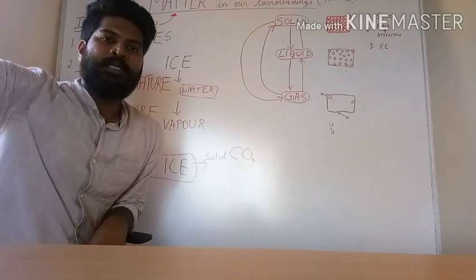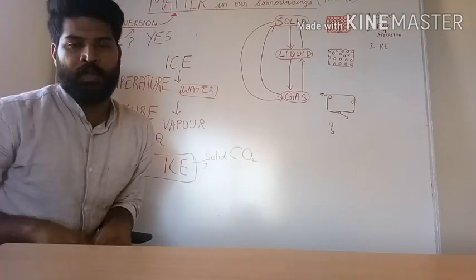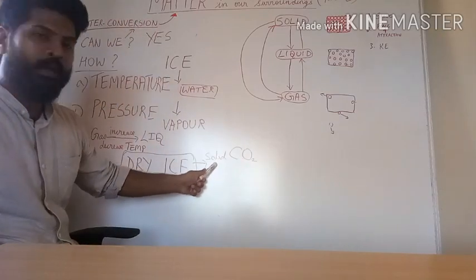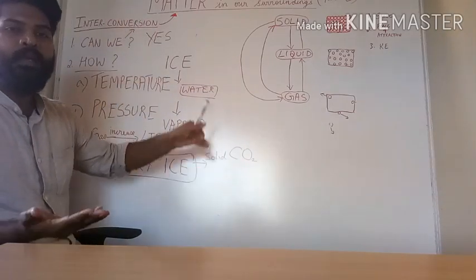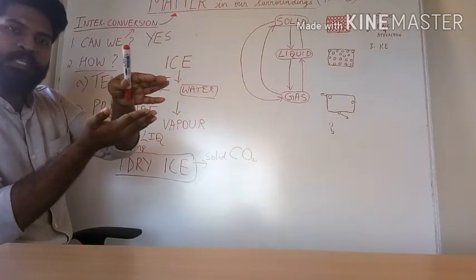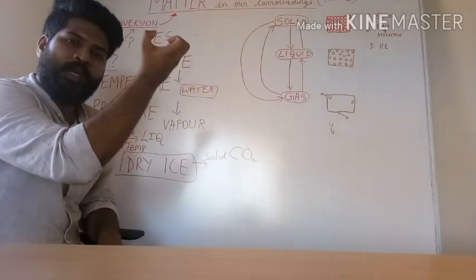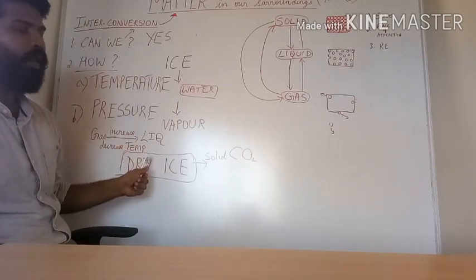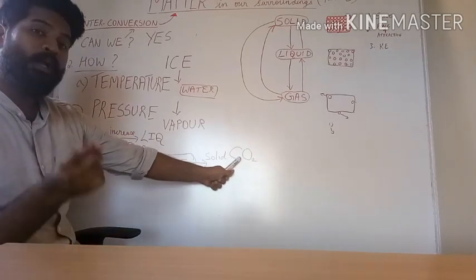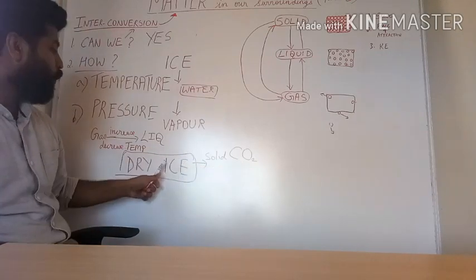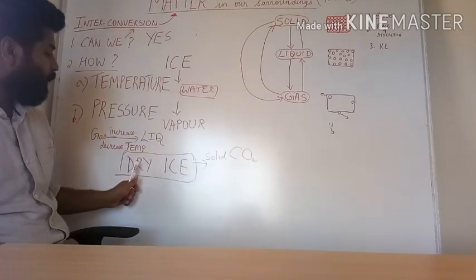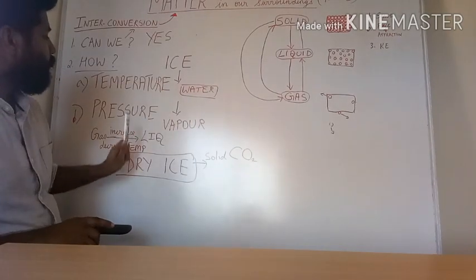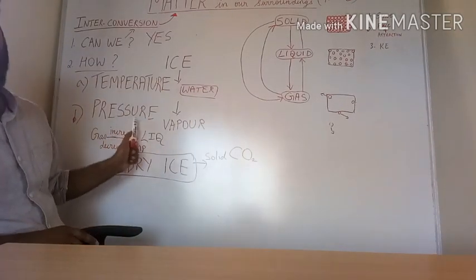It is present as a gas in our atmosphere. So how did they convert this carbon dioxide into solid? By increasing the pressure and by lowering the temperature drastically. So by increasing the pressure and lowering the temperature, they have converted carbon dioxide gas into solid called dry ice. Once again, this is about changing the pressure.